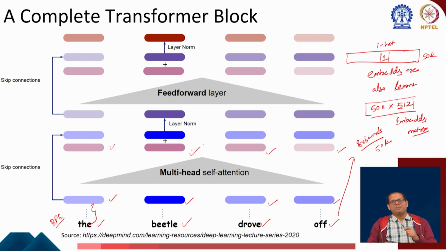Then I apply some tricks to ensure that my training works well. So I add this input back as a residual connection or skip connection, and because I am keeping on adding, my input keeps on getting shifted, I do layer normalization. So this add and normalization block is very crucial to the transformer. So once I have that, this is my self-attention output after the add and normalization block.